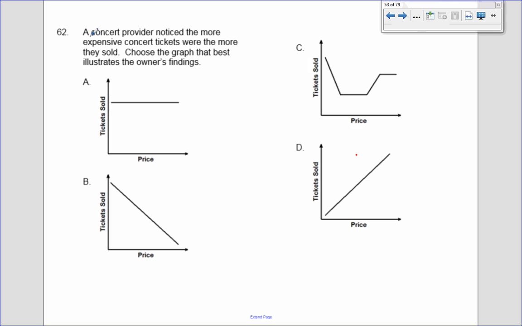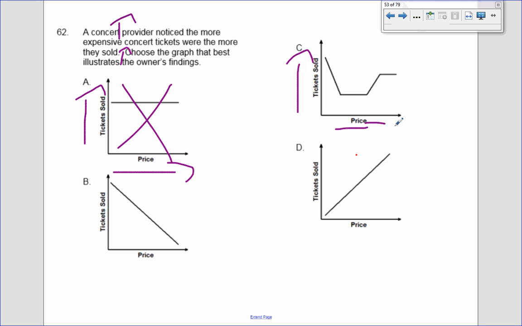So if concert tickets are getting more expensive, that means that price is going up. And if as concert tickets are getting more expensive, they're selling more, that means the number that they sell also goes up. So I need both the x value and the y value to be increasing. And if I look at A, that's not happening. C, I need both the x value and the y value to increase.